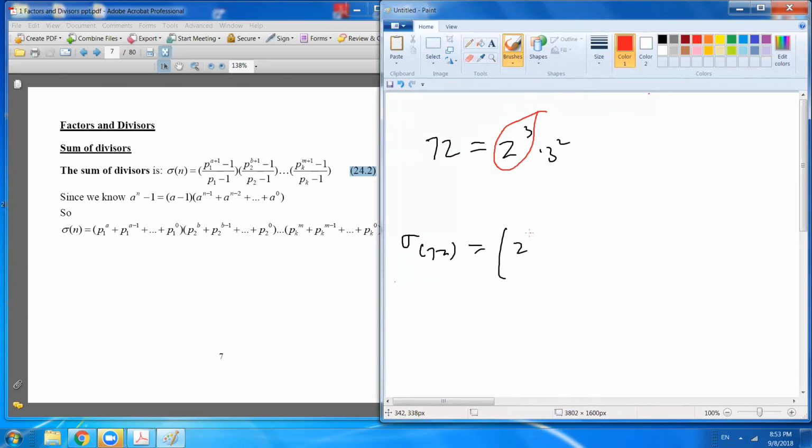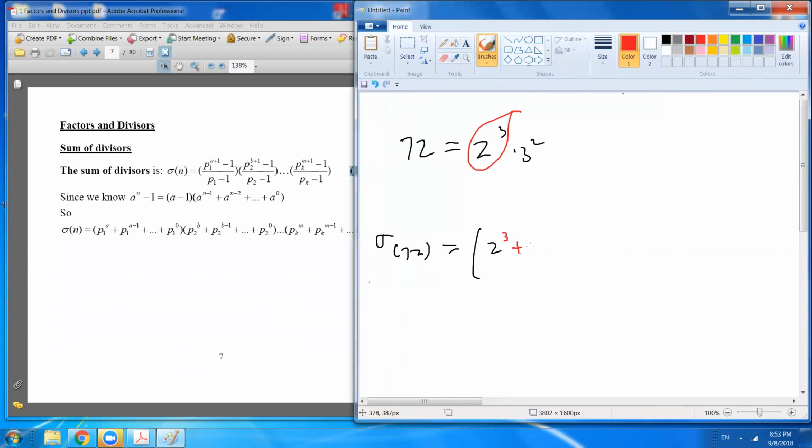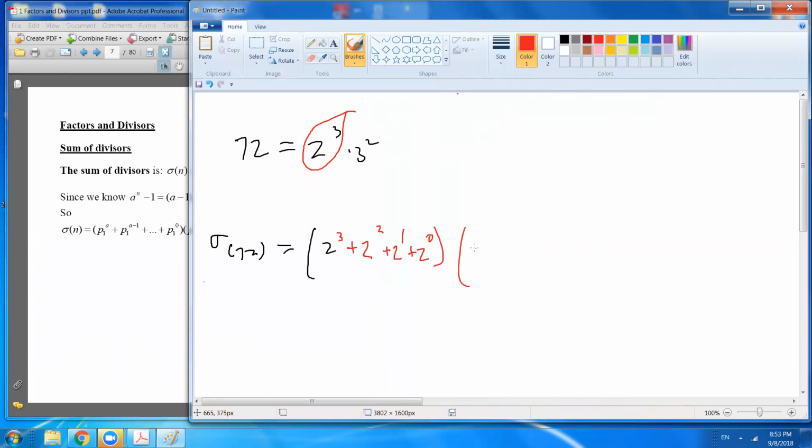And we move down: 2 power 3, 2 power 2, 2 power 1, 2 power 0. Stop. Okay. Now the second one, 3 power, you use parentheses, okay? You go down, 3 power 2, 3 power 1, until 3 power 0. What is 3 power 0?